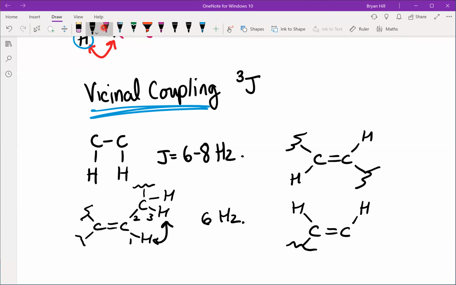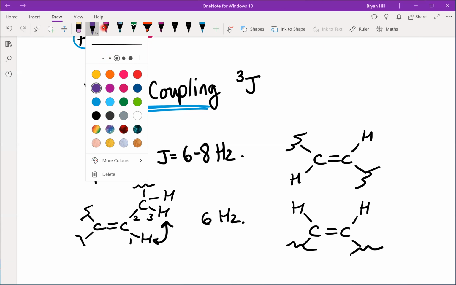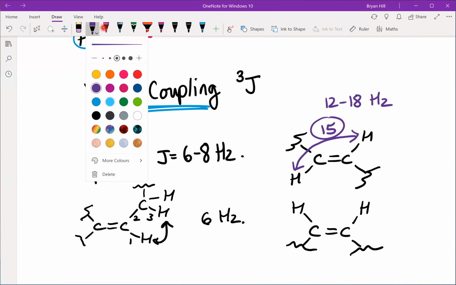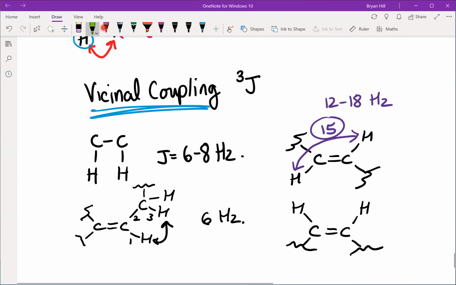So in infrared, we use the fingerprint region to look at the out of plane bends. But with proton NMR, trans couplings tend to be quite large, between 12 and 18 hertz, often around 15. And cis couplings, when they couple with one another, tend to be lower, like 6 to 12, and average around 10.